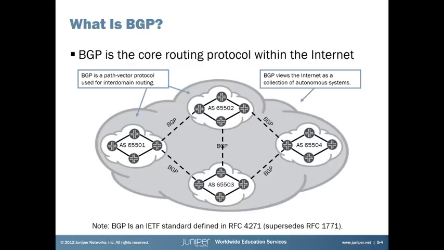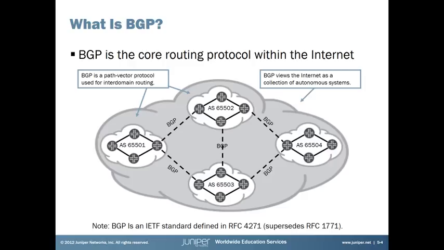If we focus on controlling the flow of routing information, we will ultimately control the way that traffic flows around our network, which is our ultimate goal. So we have a lot of mechanisms built into BGP that allow us to control the flow of routing information, which in turn controls the flow of traffic.